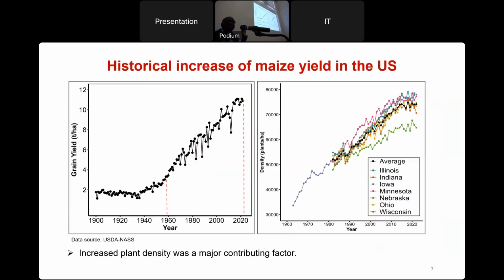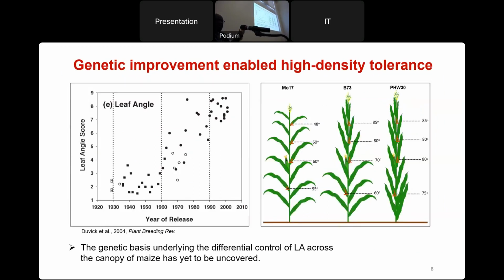I'm sure many of you have already seen the graph on the left on several occasions. So we can see that there has been a remarkable yield increase for maize in the US over the last 80 years. And studies have shown that the increase in plant density from 30,000 to about 80,000 plants per hectare is a major contributing factor. But at the same time, there has also been genetic improvement.